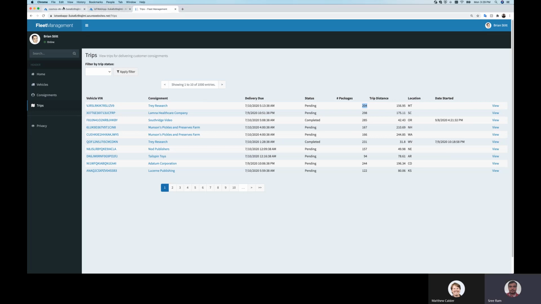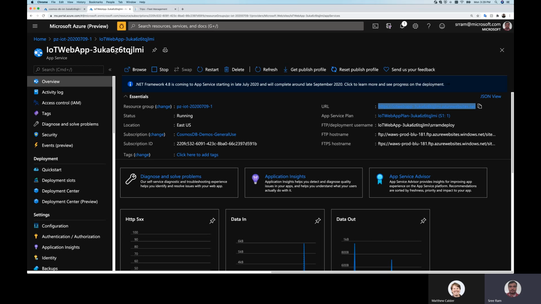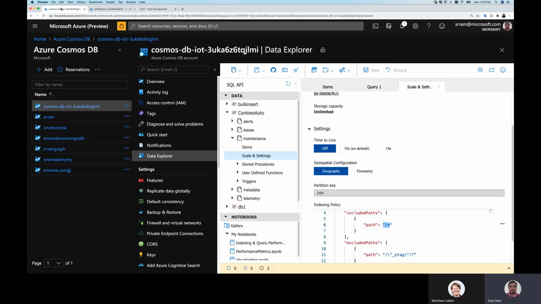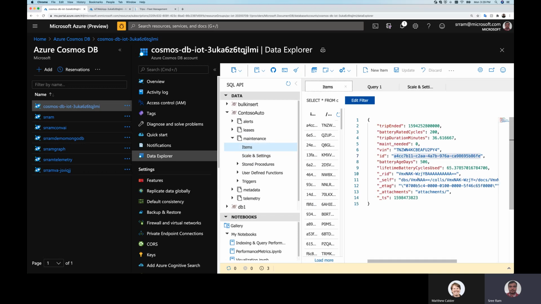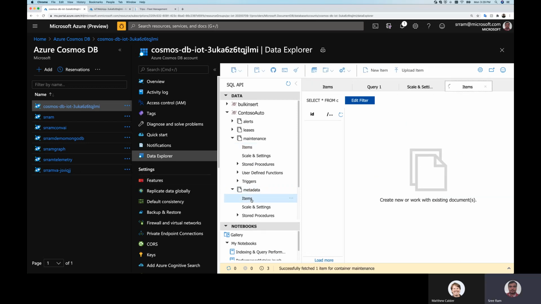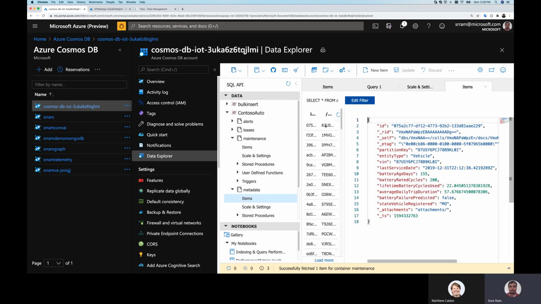So if we now go back to our Cosmos DB, in order to show you this in action, let's say this is the maintenance container. In this container, for example, I want to point you to metadata. Let's say in the metadata, you see the entity type of vehicle here. So you can have an entity type of trip, an entity type of package, and so on and so forth.